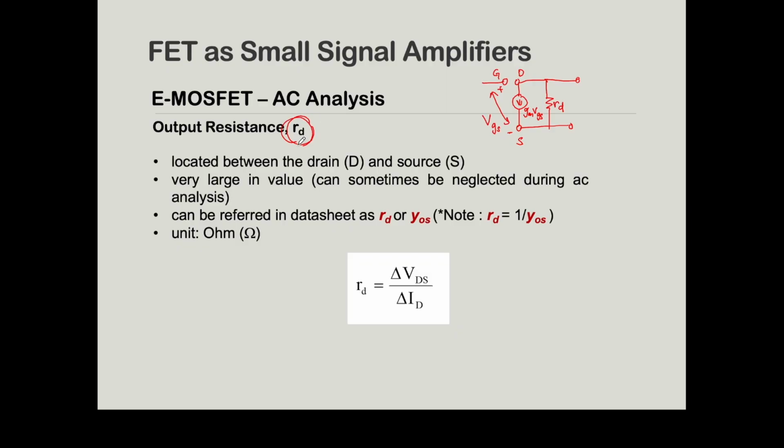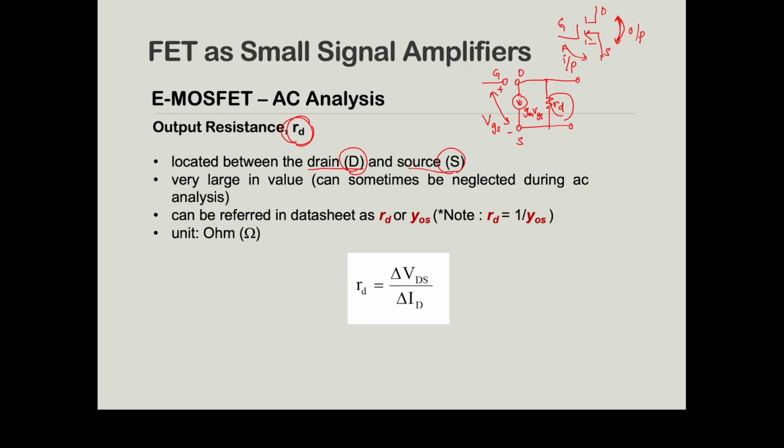So what is rd? rd is the output resistance, located between drain and source. For the MOSFET, drain and source is our output, gate and source is our input, so it is located between the drain and source terminals.